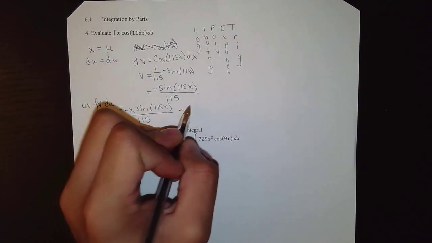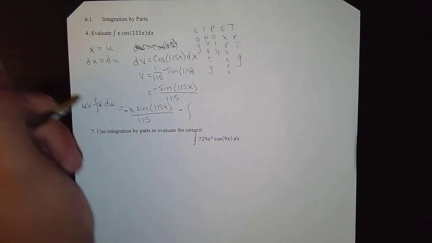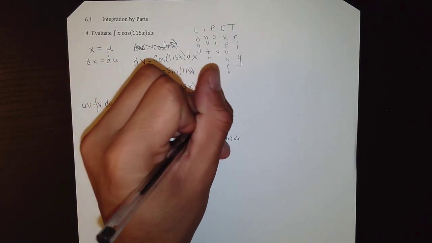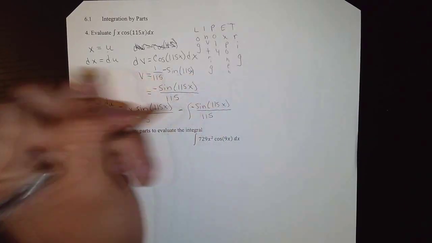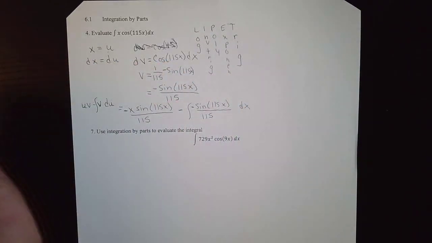And now we minus the integral of v. V is sine of 115x divided by 115. And then du is just dx.